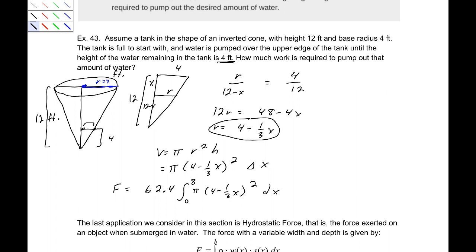That would be equal to 10,649.6 pi, which is approximately 456.7 foot-pounds.